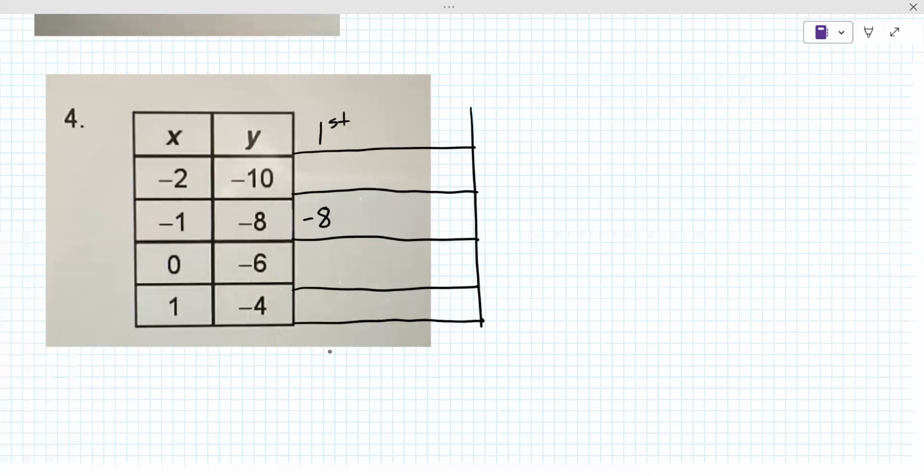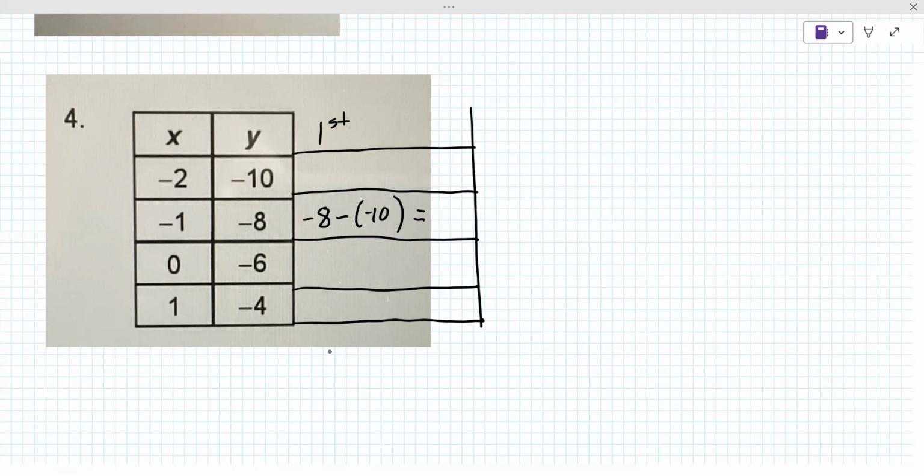So it's minus 8 minus a minus 10. What would that be?